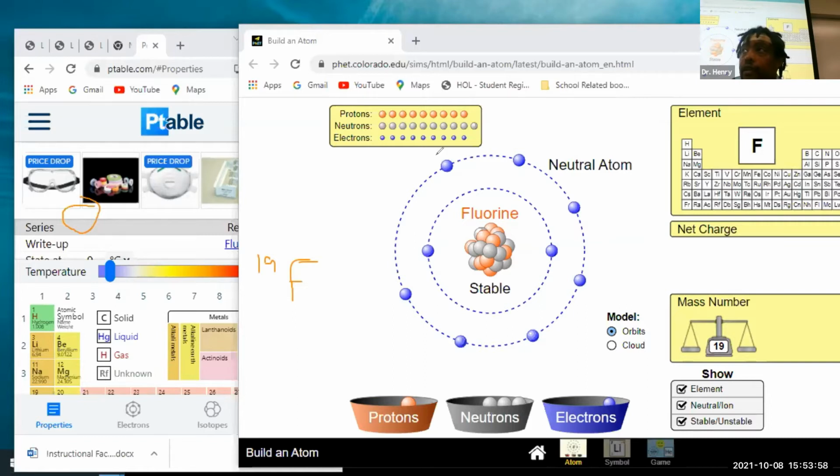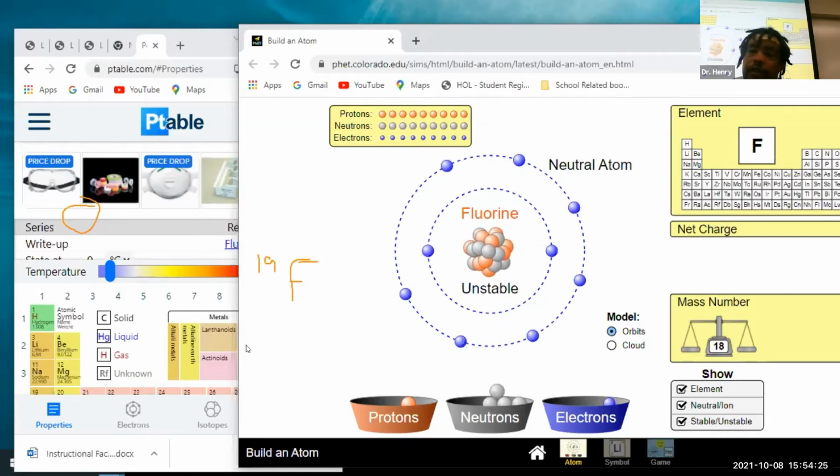Okay, so let's see if I add one more neutron, what would happen? That's unstable. So let's take those out. Okay, that was 19.